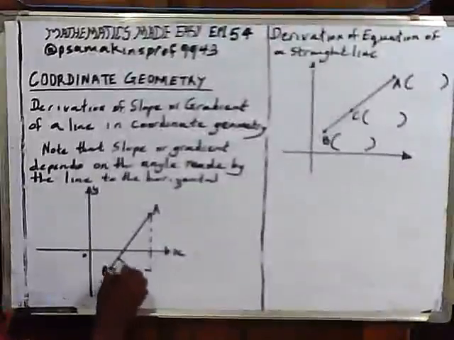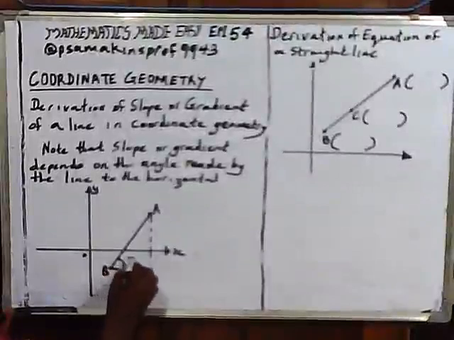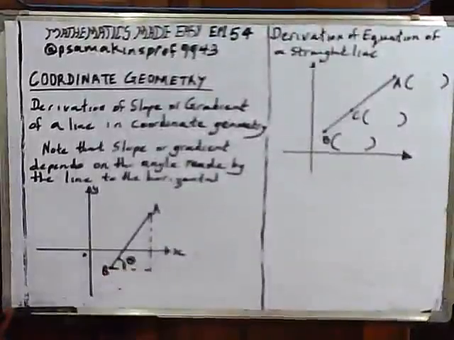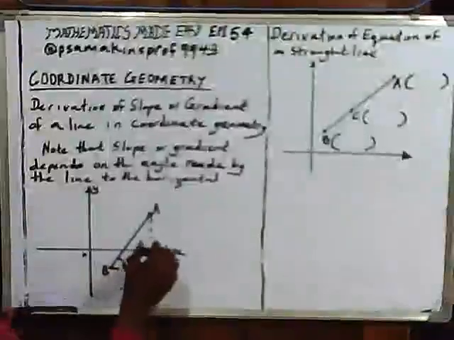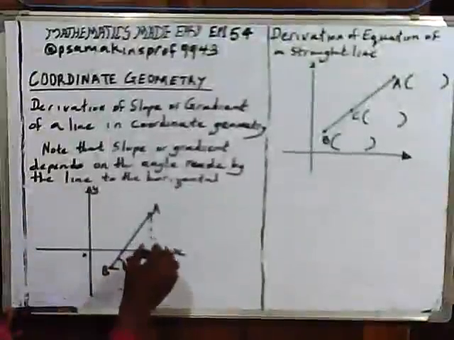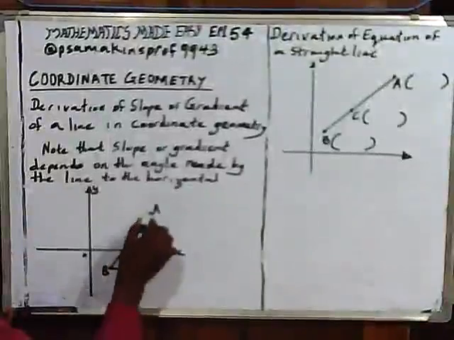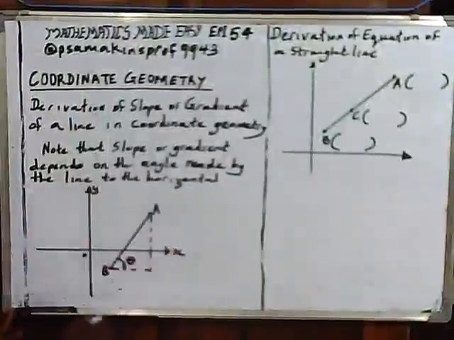This is what we are saying here. Let's call this one theta. So we want to derive the formula for the slope or gradient of a given line AB.